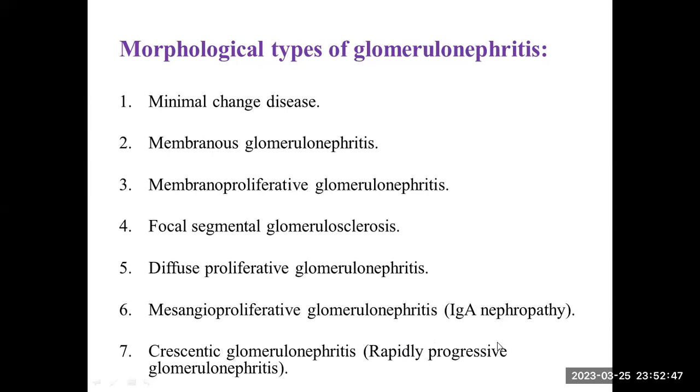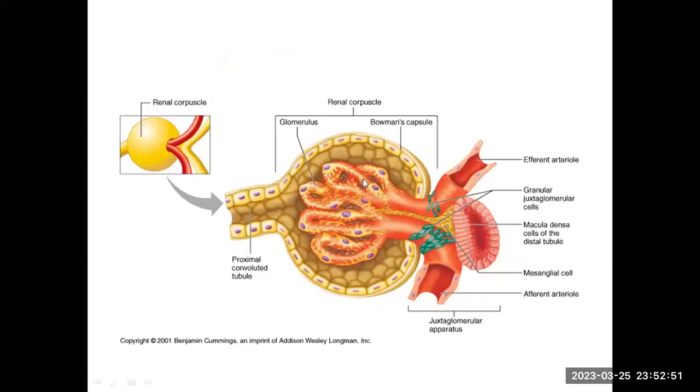And some of these growth factors will act on the parietal layer of the Bowman's capsule. The growth factors released in this condition will stimulate the epithelial cells of the parietal layer of the Bowman's capsule, and these cells will start proliferating excessively.